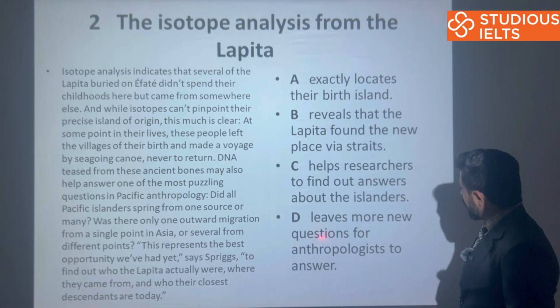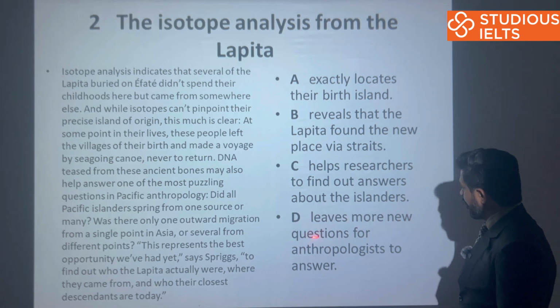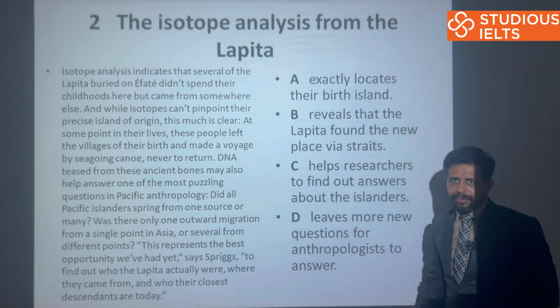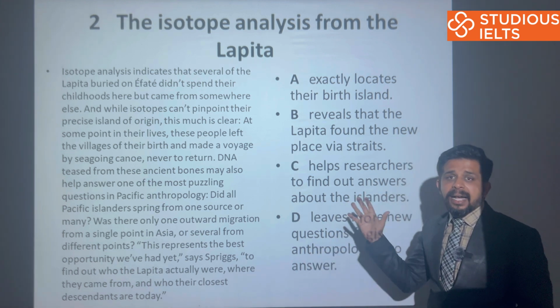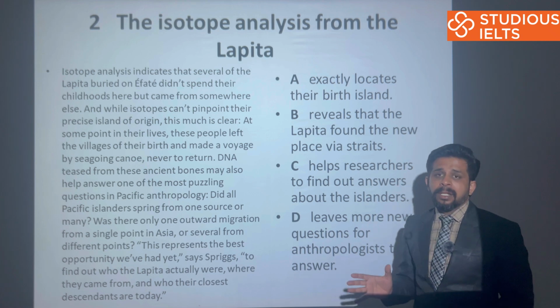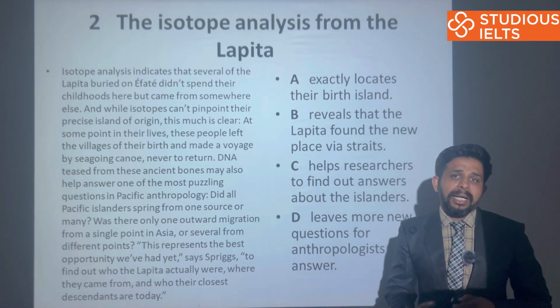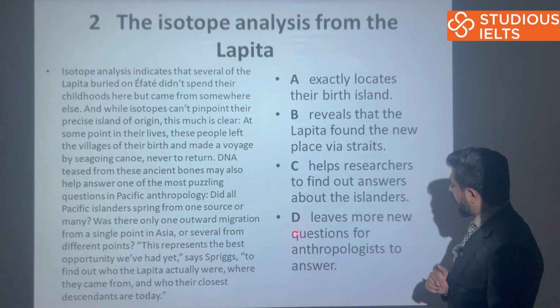It says the analysis from the Lapita leaves more new questions for anthropologists to answer. No. They said this analysis has answered a number of questions, but nothing has been said that more questions have arisen. Right? So you cannot mark D as your answer.